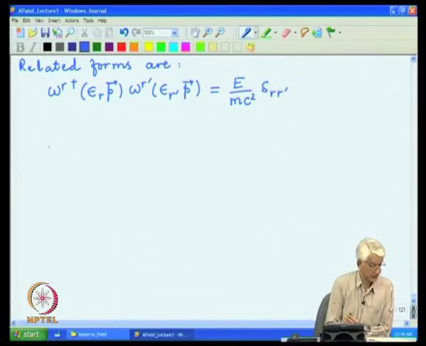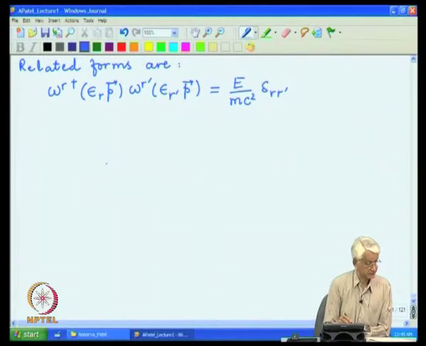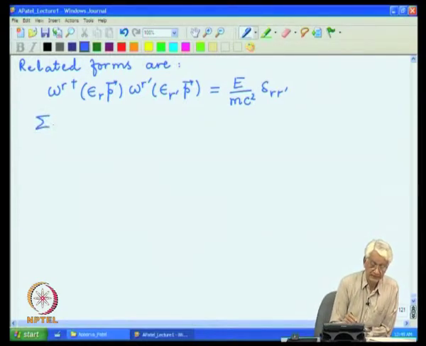A similar exercise gives a relation for completeness, but it again looks a little different when only omega dagger is involved and not omega bar.